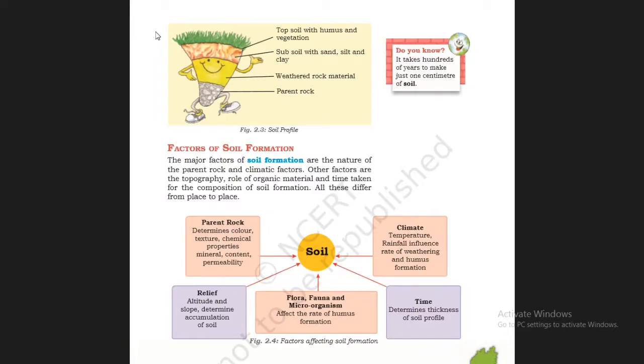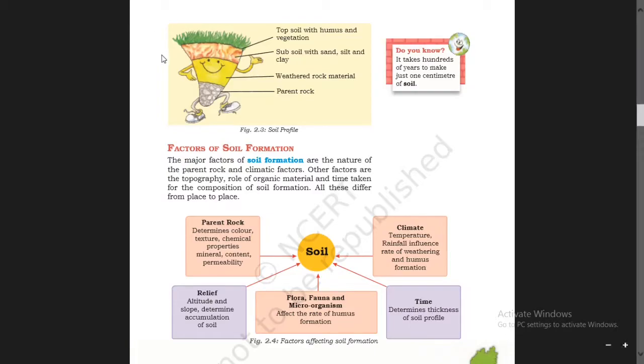Children, in our previous part of the chapter, we have learned about land, then land use, conservation of land resource, soil, and mitigation mechanism of landslides. This thing we have learned.